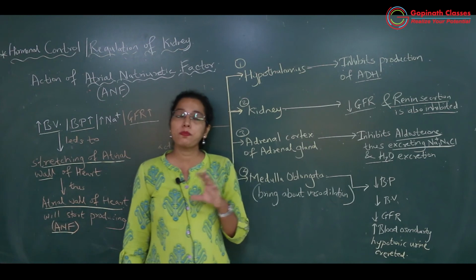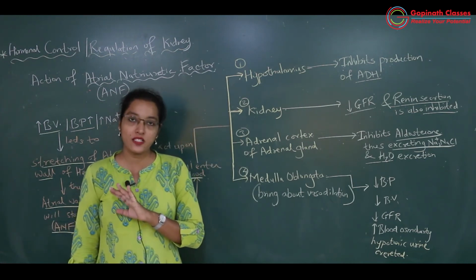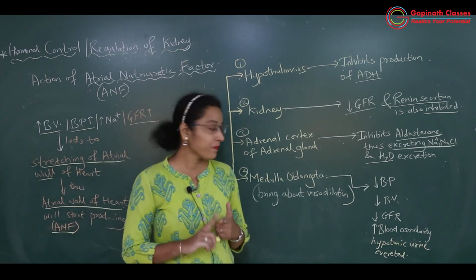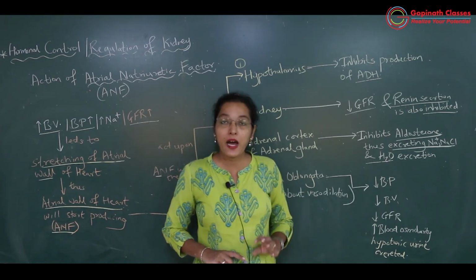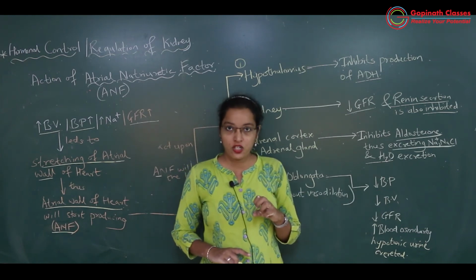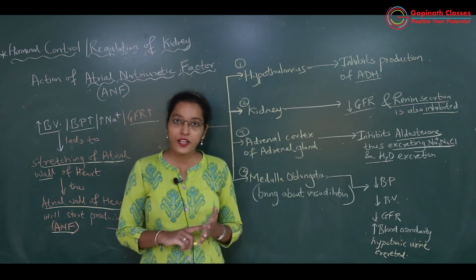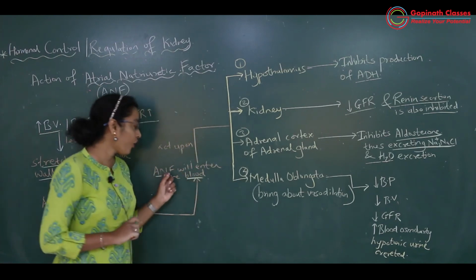Okay. So, in this particular system, Renin-Angiotensin-Aldosterone System, RAS is involved in increasing the BP, increasing the BV by vasoconstriction. So, vasoconstriction करवाता है renin. Okay. So, it is opposite to function of ANF.